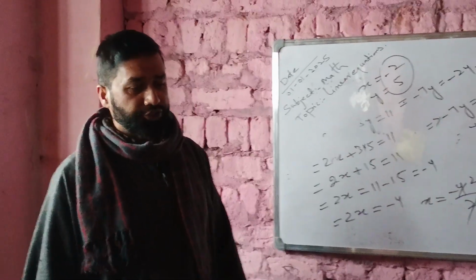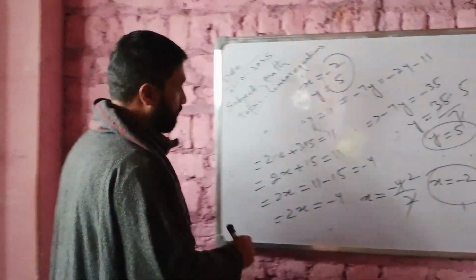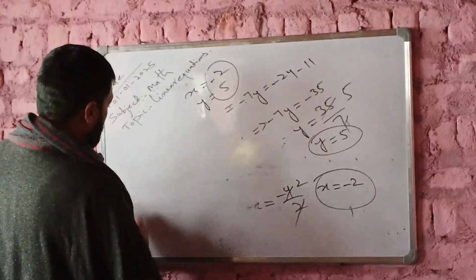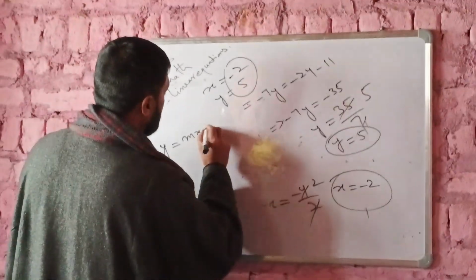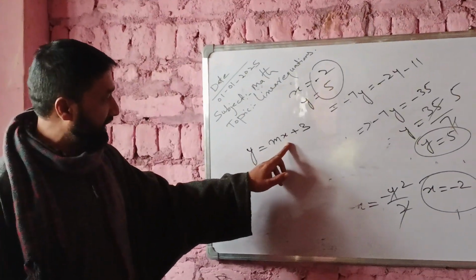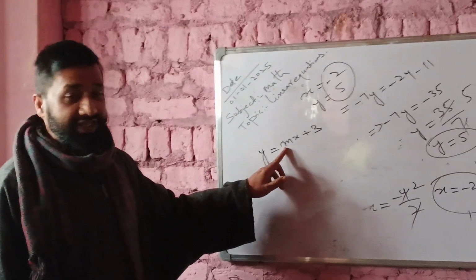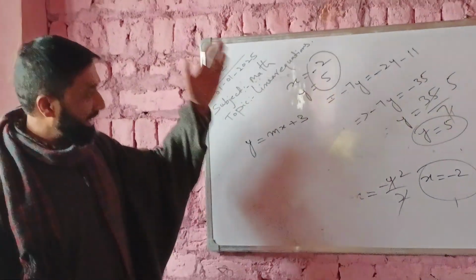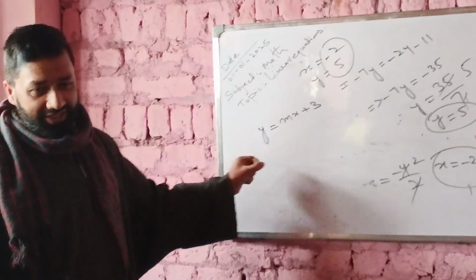Let us substitute these values here in the assumption. y is equal to mx plus 3. Now we know the values of y and x, but we don't know the value of m; that needs to be found.